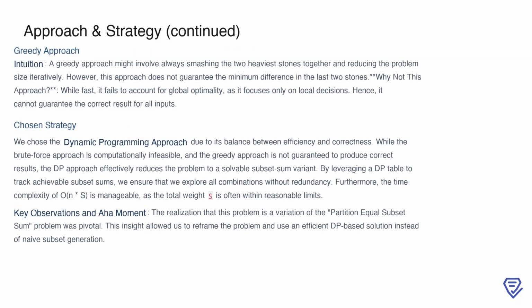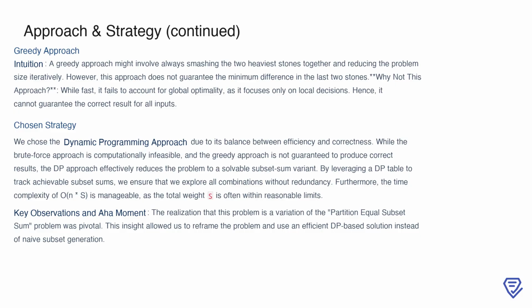An alternative solution could be using a greedy strategy, where we repeatedly smash the two heaviest stones together and reduce the problem size. While this might seem efficient, there's a critical issue: it focuses only on local decisions, which means it doesn't guarantee the global minimum difference. For instance, smashing the heaviest stones first might result in a poor final configuration that doesn't minimize the difference.